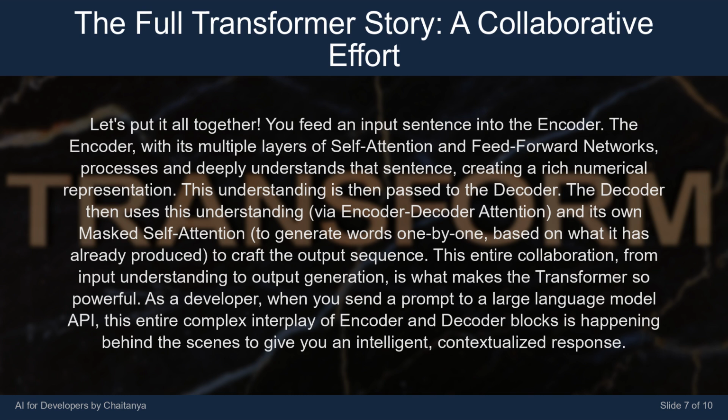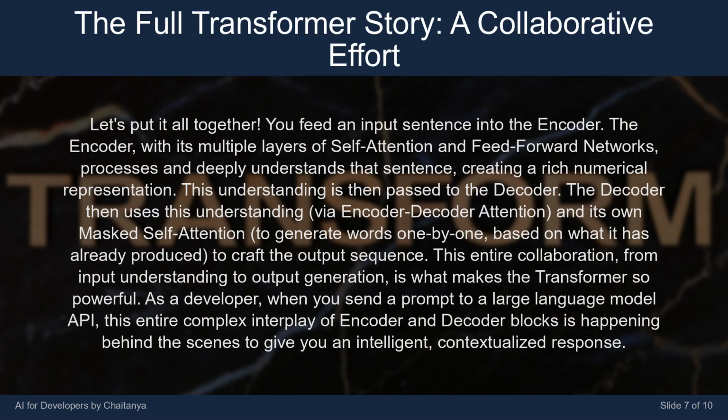The decoder then uses this understanding, via encoder-decoder attention, and its own masked self-attention, to generate words one by one, based on what it has already produced, to craft the output sequence. This entire collaboration, from input understanding to output generation, is what makes the transformer so powerful.